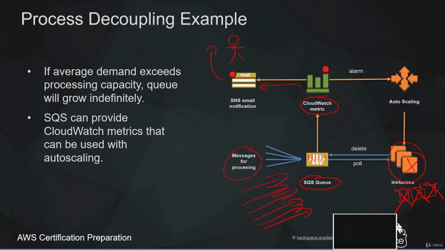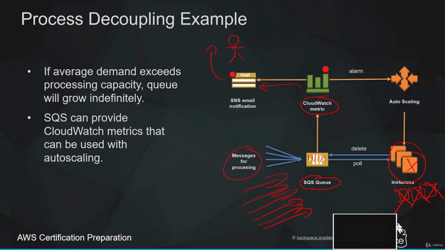Now, normally we would use a metric on the instances to signal that those instances are overloaded and we need to increase the capacity of our auto-scaling group. Now, in this situation, that's probably not going to happen because these messages are just going to build up in the queue. And so we need a way of notifying the auto-scaling service that the queue is increasing.